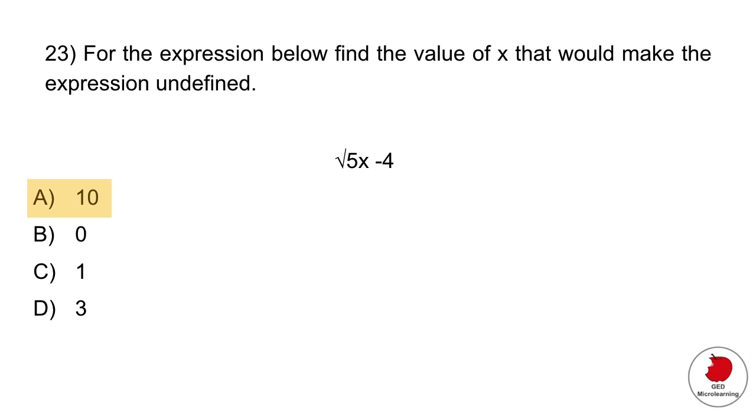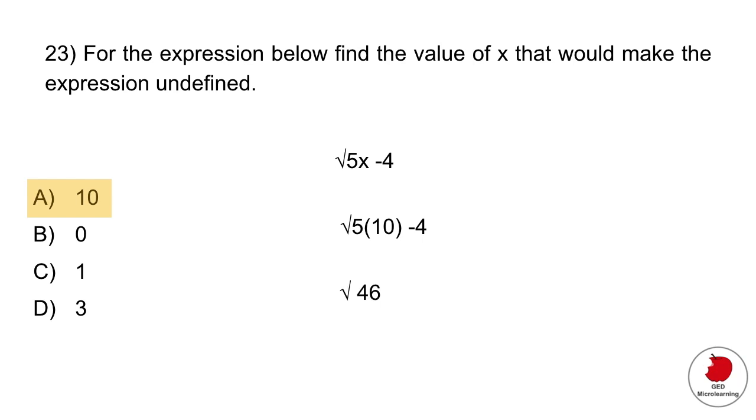Okay, so if we go back to our problem, what we would do to figure out the solution here is take each of these answer options, which represent a value of x, and then plug it into the equation, into the square root, and see what number they give us, right? So if we put 10 into the equation like that, we end up with 5 times 10, which is 50, minus 4.